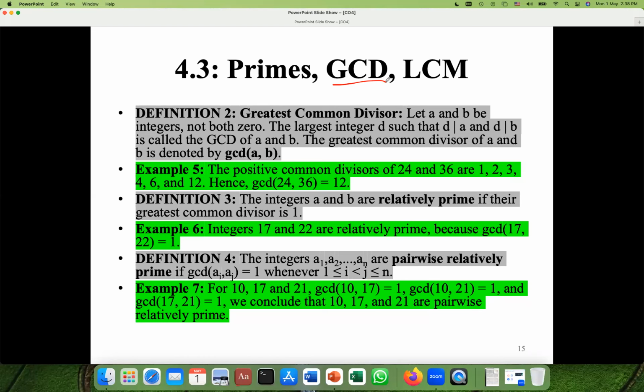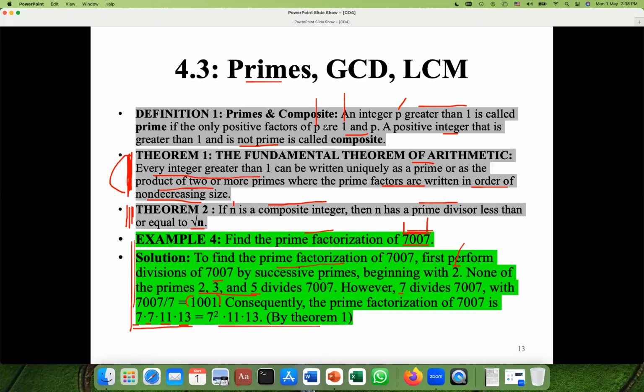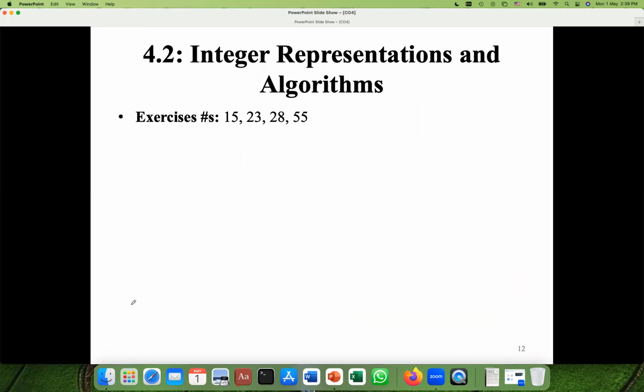For example, find the prime factorization of 7007. And you have to calculate it mathematically. All examples are included, and all exercises like this one, and all the homework and quizzes, whatever you have, is included.